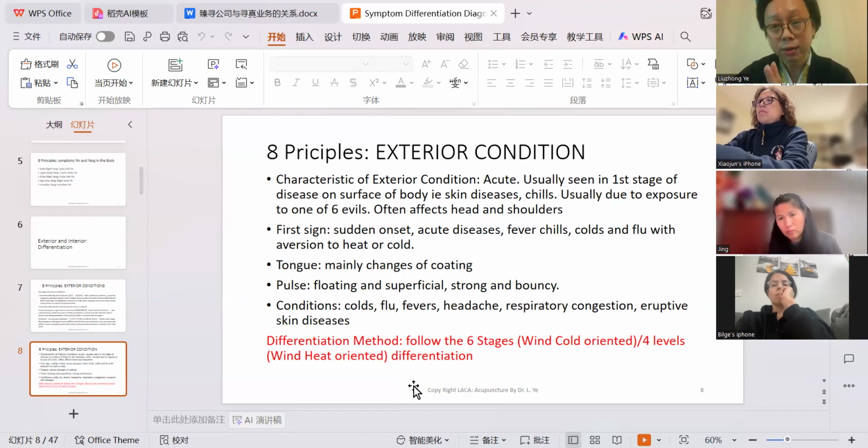Once you see dry and yellow, then you can look into those four levels. But as long as the coating is moist and white, cold associated, go to the six stages.